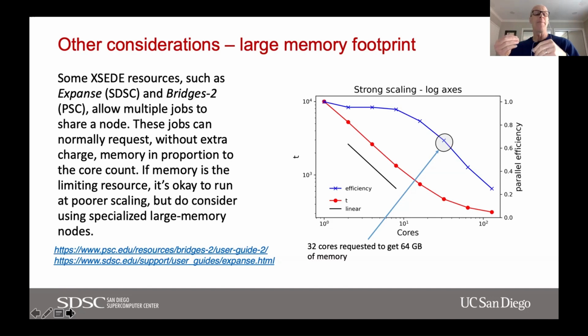So you get, without any extra charge, 2 gigabytes per core. But if memory is the limited resource, you may need to throw extra cores at it to get that extra memory, and it could result in poorer scaling. But do consider using specialized large memory nodes when they're available.